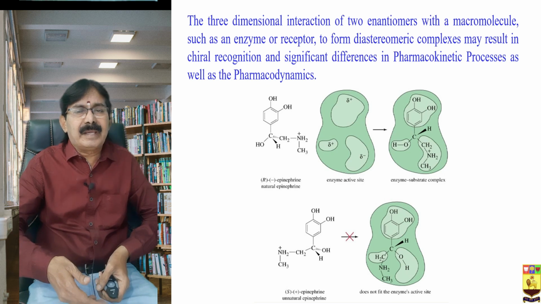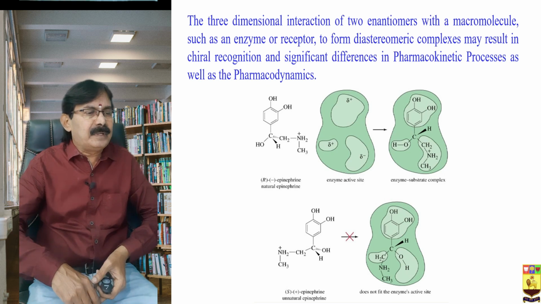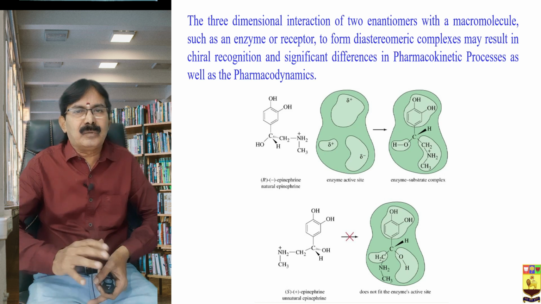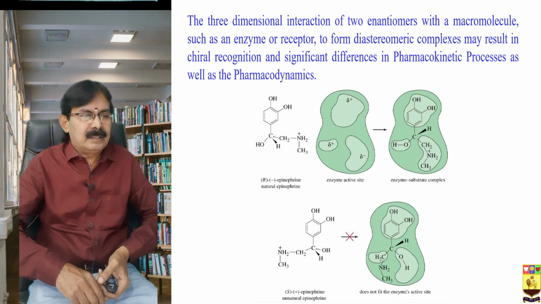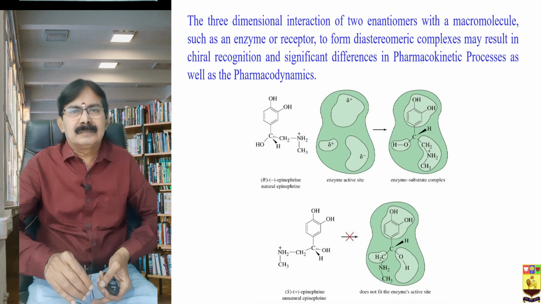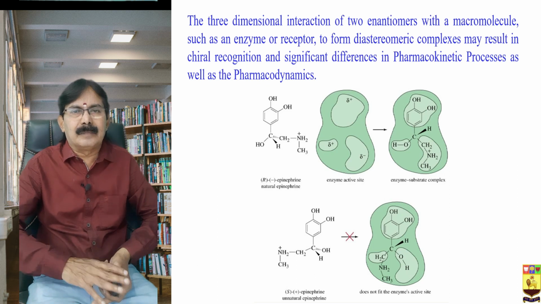Okay, so we have this example: the R-epinephrine correctly fits into the enzyme active site, whereas the S-epinephrine does not fit into the active site of the enzyme. So that is the thing that is happening in the biological system.